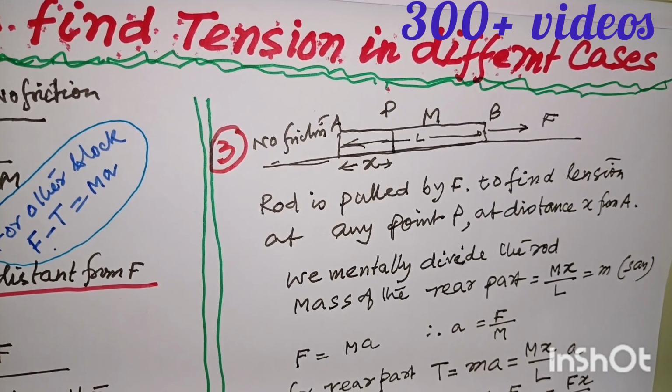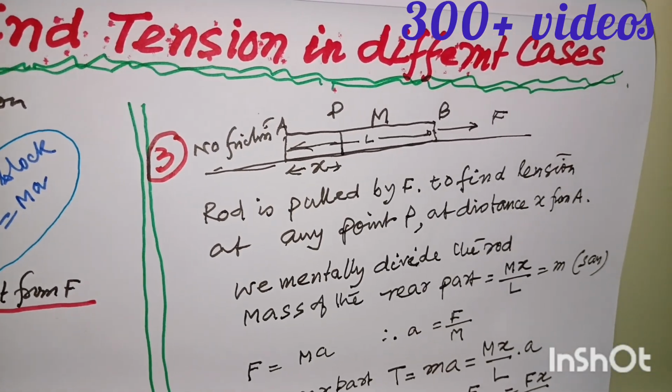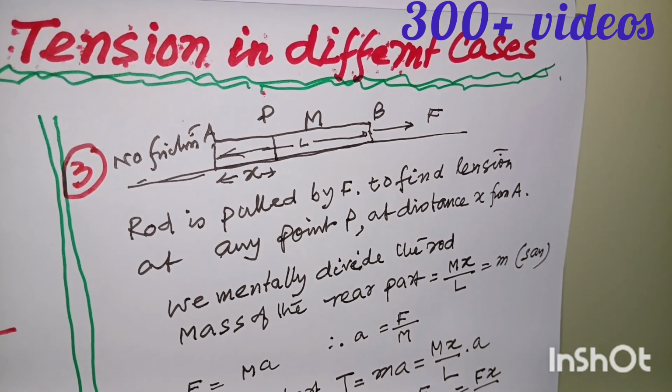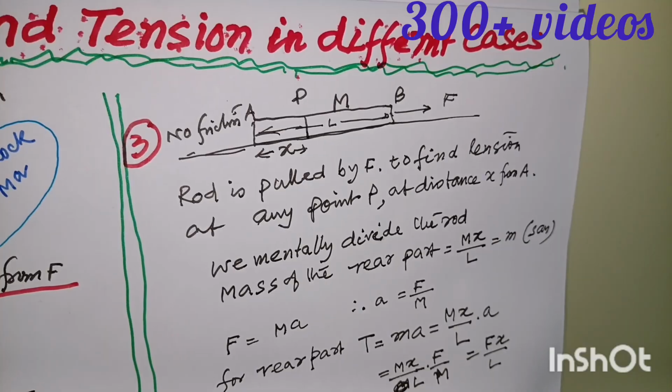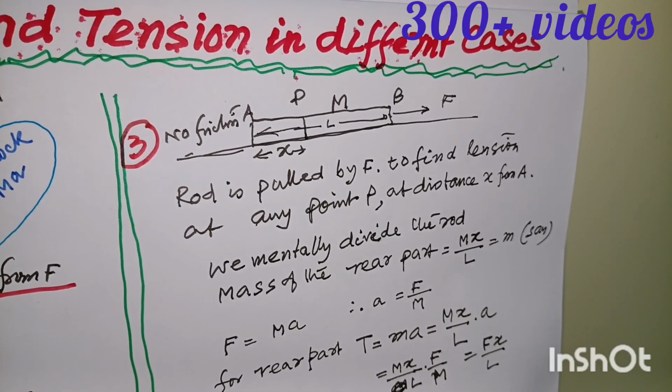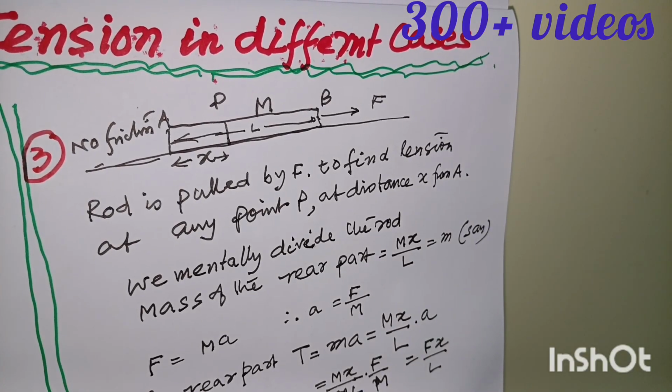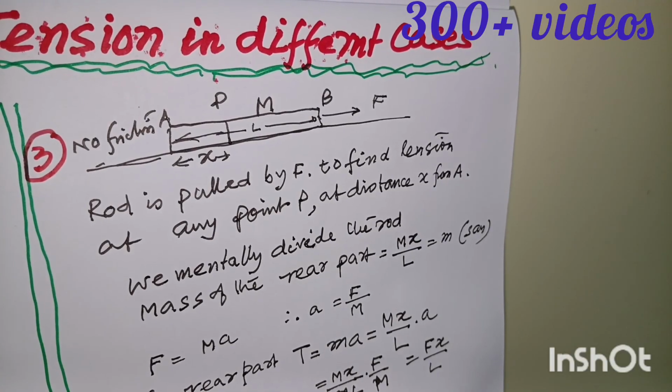So here also if we take the whole mass we can write F equal to capital M into A, so that A we can write as capital F by M. Now the mass of the rear part will be, by the unitary method, capital M by L into x. So we can call it small m.